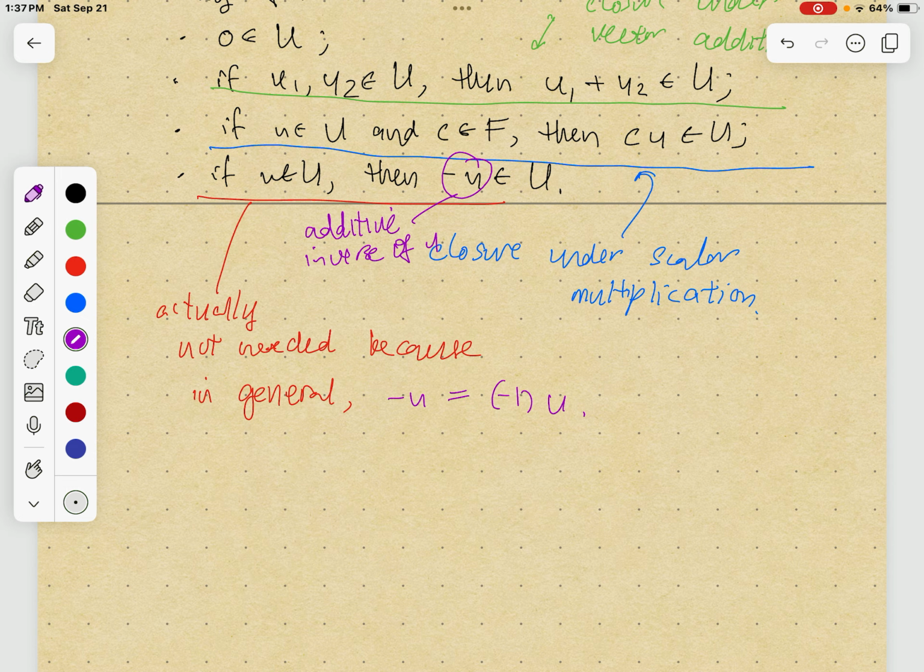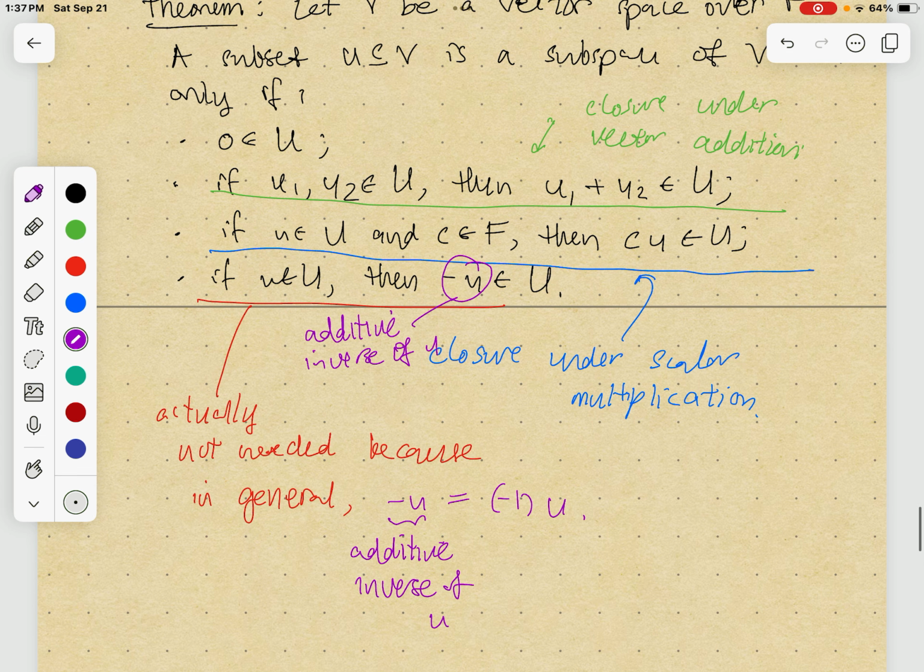And so actually, this last condition is covered by the previous one because you can take c to be negative 1. So in general, the additive inverse of u turns out to be what you get when you scale u by negative 1. So actually, you only need to check these three things. These are the three things you need to check.